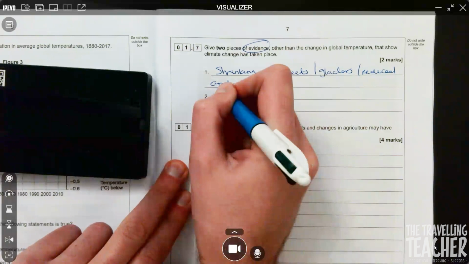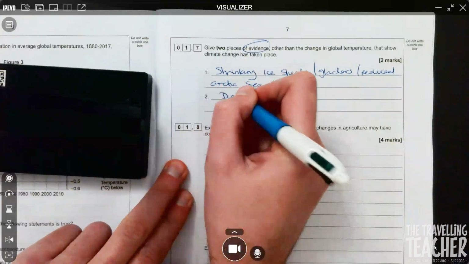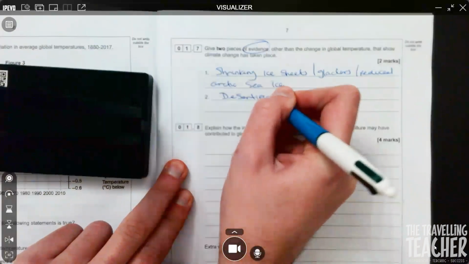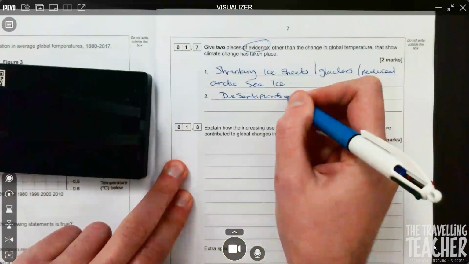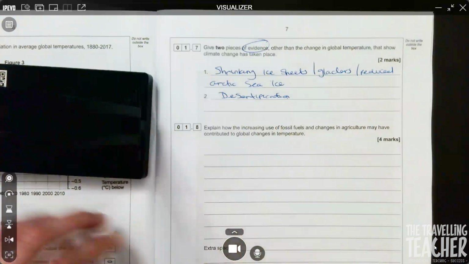And also, we've got desertification, a process where land is turning into desert due to increased drought.